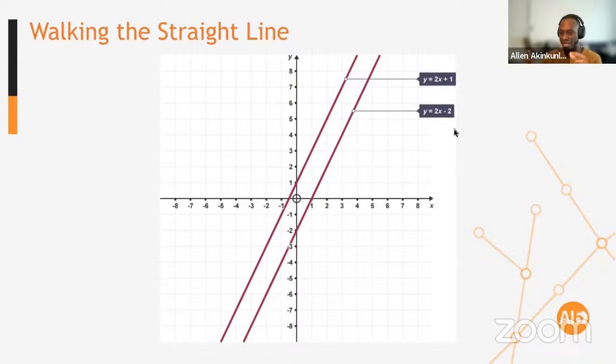That's why it's called the y-intercept. It is where, on this Cartesian plane, our straight line crosses the y-axis. For this one it's 1, for this one it's -2.